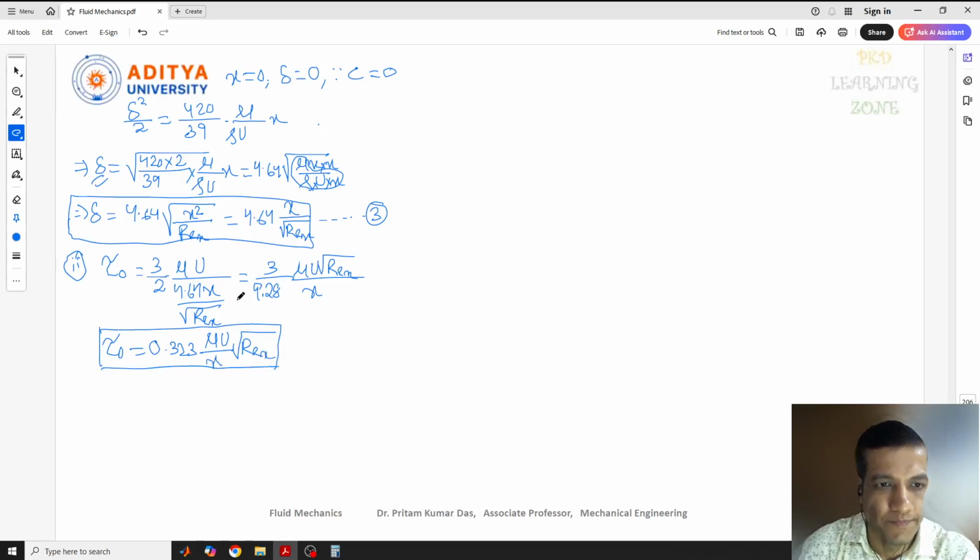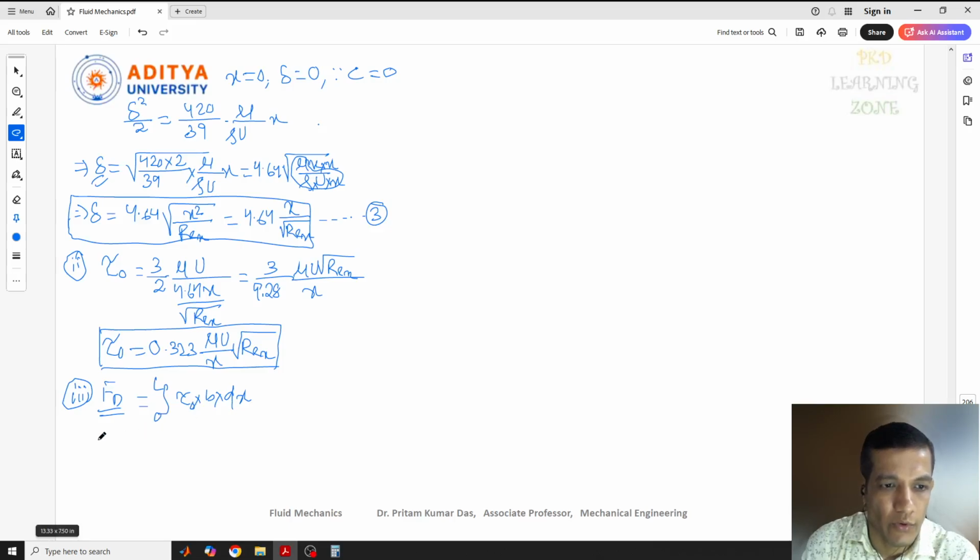Now the third one: the drag force needs to be calculated. So drag force equals, we need to take the equation from the von Karman equation, that is the integration from 0 to L of tau naught times b into dx. See, all are related to each other. Once you get this value, we can put it here.